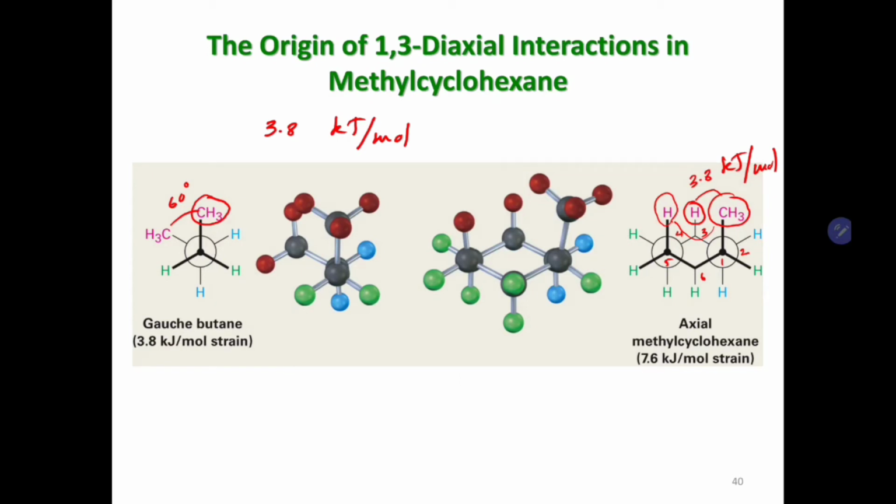So overall, when you have a cyclohexane ring, axial methyl groups will have 2 gauche interactions with carbon number 5 and carbon number 3, which is basically giving you 7.6 kilojoules per mole of steric strain.